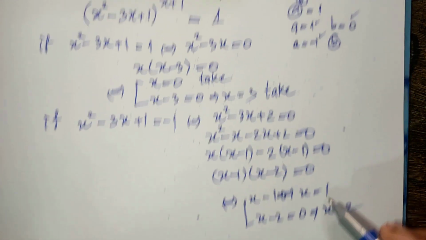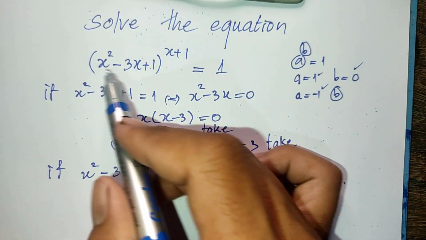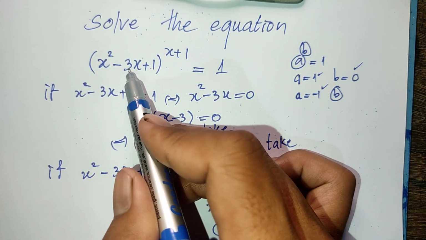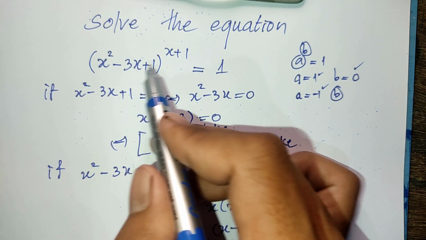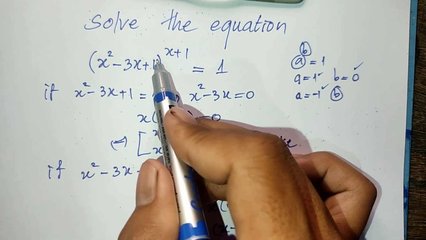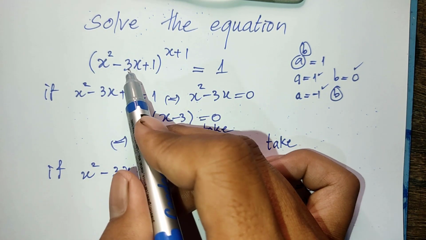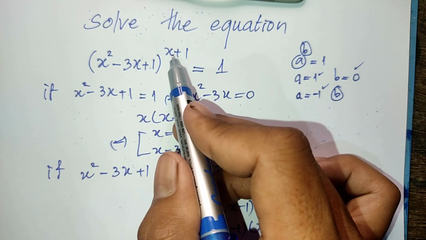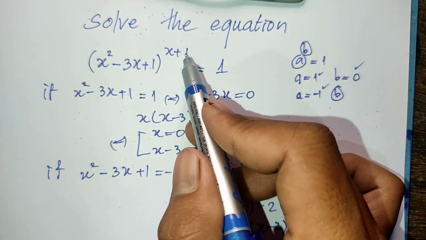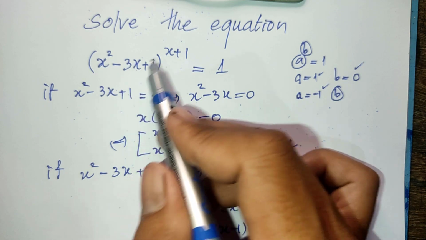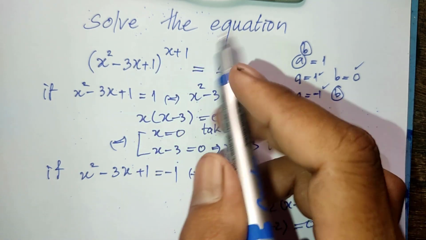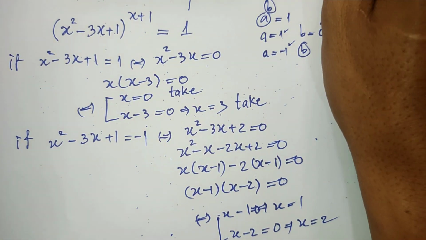Okay, now we use it to replace in our equation. If x equals 1, we get 1 minus 3 plus 1. 1 plus 1 equals 2, 2 minus 3 we get minus 1, and 1 plus 1 is equal to 2, and minus 1 squared is equal to 1. Okay, so now we take it.